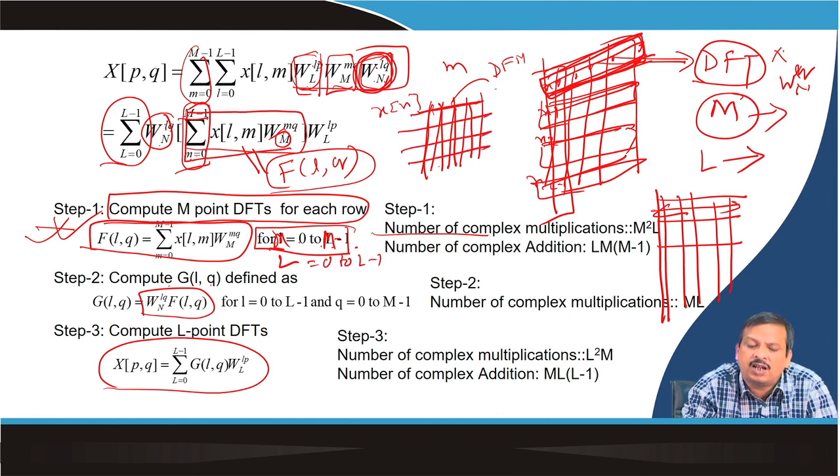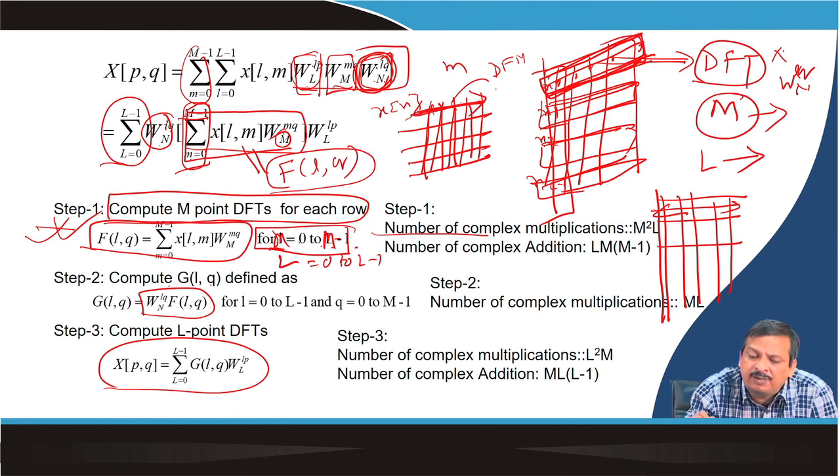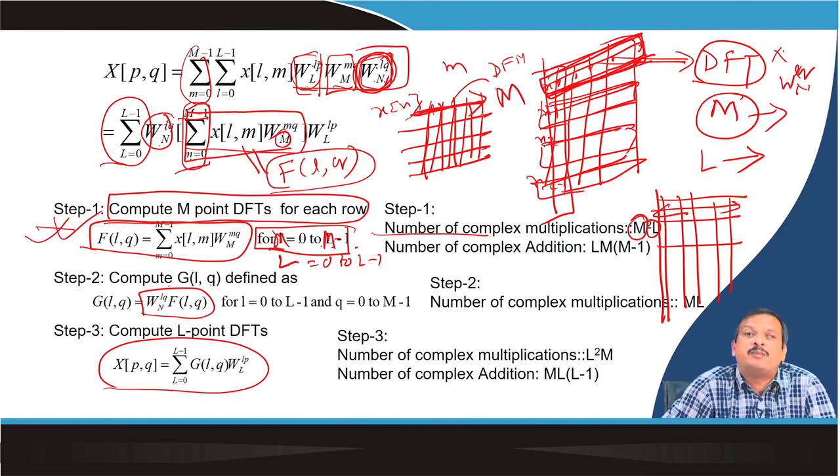How many rows are there? There are L rows. So, for every row, what is the complexity of the DFT? Computing an M point DFT requires M square multiplications. So, M square multiplied by L is the total number of multiplications required for computing the M point DFT of each row.